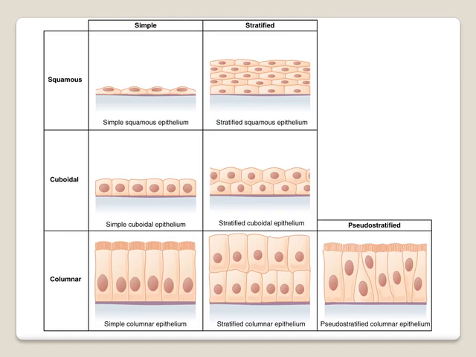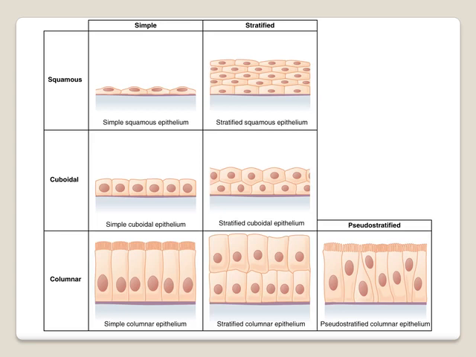They're still flat, especially the top layer, but the bottom one almost looks like it's approaching being cuboidal. Because it's several layers, it's really good at protection, and that's one of its primary jobs. You're going to find this in the tissue lining the mouth and the esophagus, so it can protect the body against invasion by microorganisms. You also might find this as part of a layer of the skin, again, because it can protect you against microorganisms.